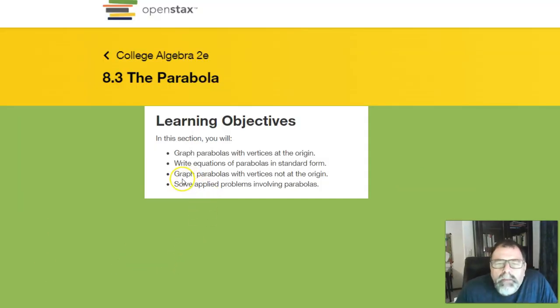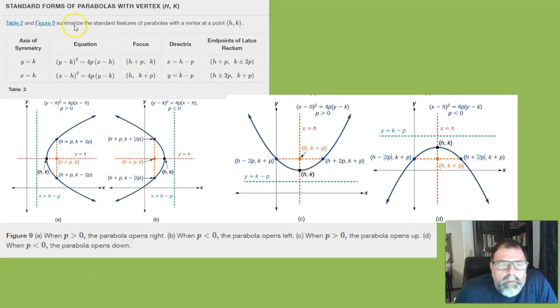Okay, on to the next learning objective, graph parabolas with vertices not at the origin. So we're going to do another one of these shifts of h, k. If we move the vertex to h, k, we're just going to do the appropriate transformations to the basic one. So y squared becomes y minus k squared, and 4px becomes 4p times x minus h.